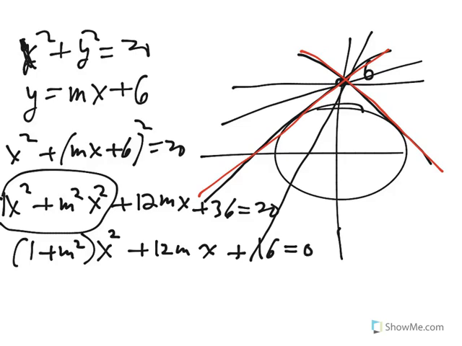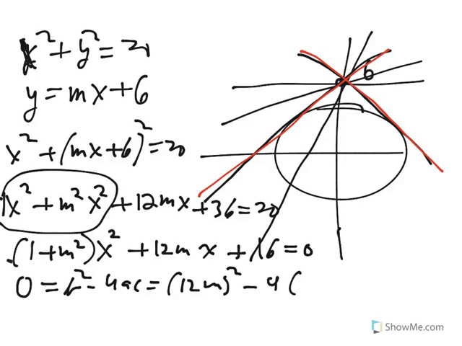Now this equation with m's and x's has just one real solution, so the discriminant has to equal 0. And the b is 12m, so (12m) squared minus 4. A is pretty involved, 1 plus m squared. A lot of people don't get this 1 plus m squared, and then the whole rest of the equation falls apart. And c is 16.